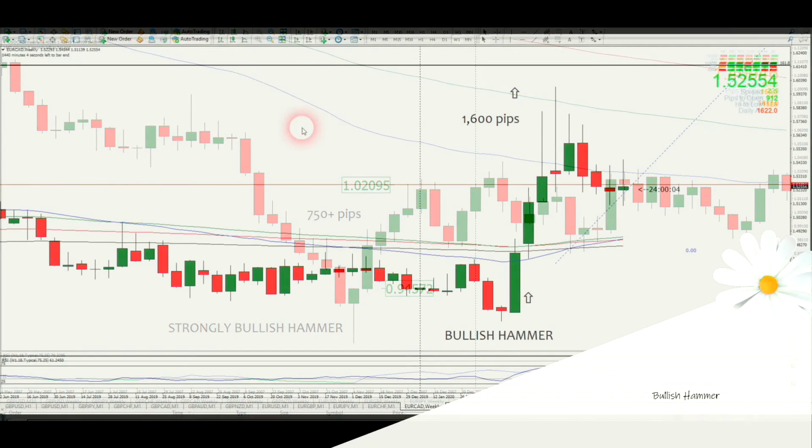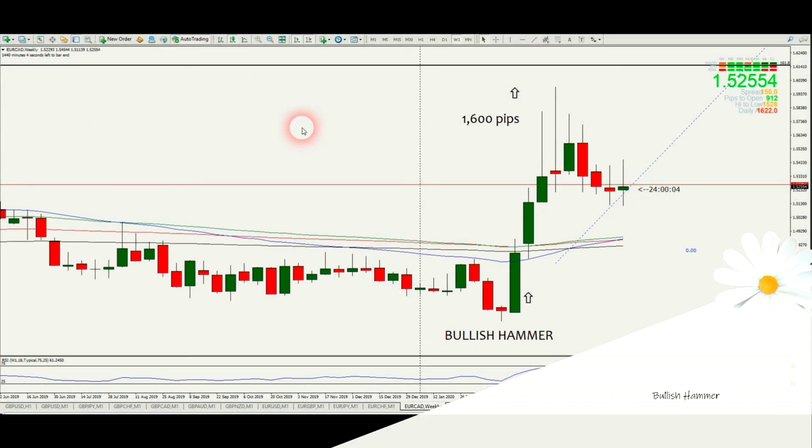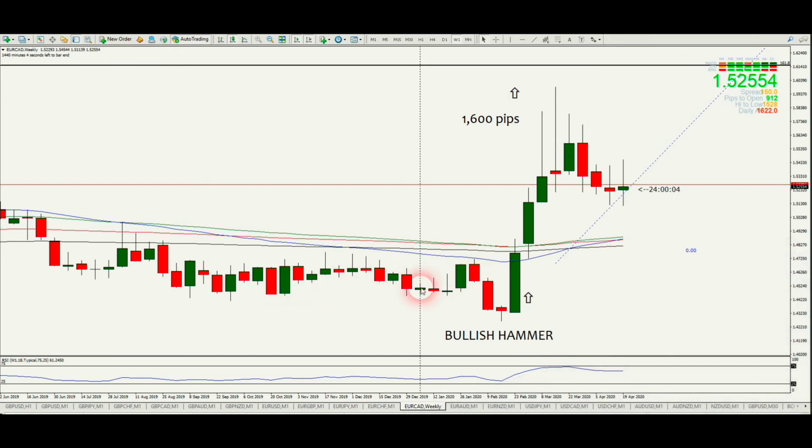Okay, so now we're looking at a EUR CAD weekly chart, and we've got many weeks of sustained bear pressure terminated at this bullish hammer where price has pushed down, the bulls have taken control, pushed the price back.